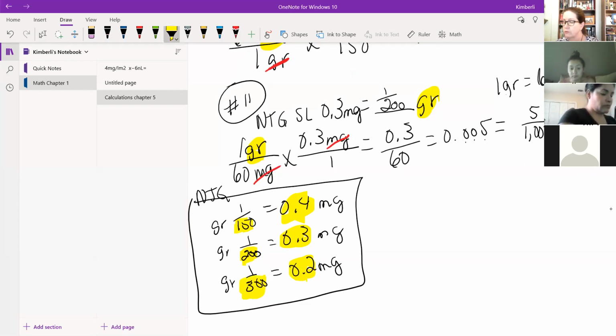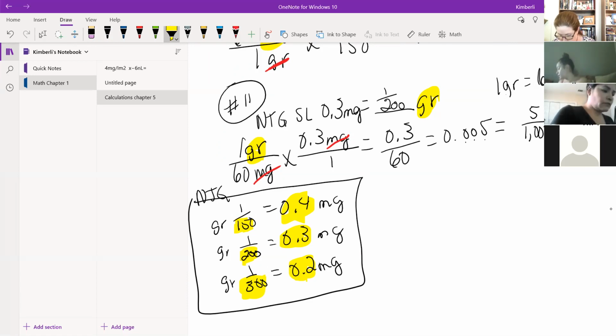So if you memorize those numbers, then you can draw your little chart if you want, and you'll end up not having to do the math. But you need to be able to do the math too. So as far as I know, you won't find any other drug that uses grain with a fraction like that, okay? There are some drugs that are a half grain, but they're not going to be like 1/200.